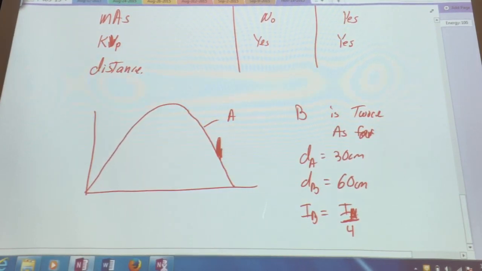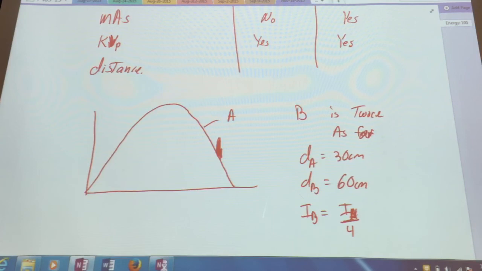And the only thing that's going to change is just the height of the peak, not anything else in the shape. So we would like to have a curve that has 1/4 the area. How would you draw a curve that has 1/4 of that area?